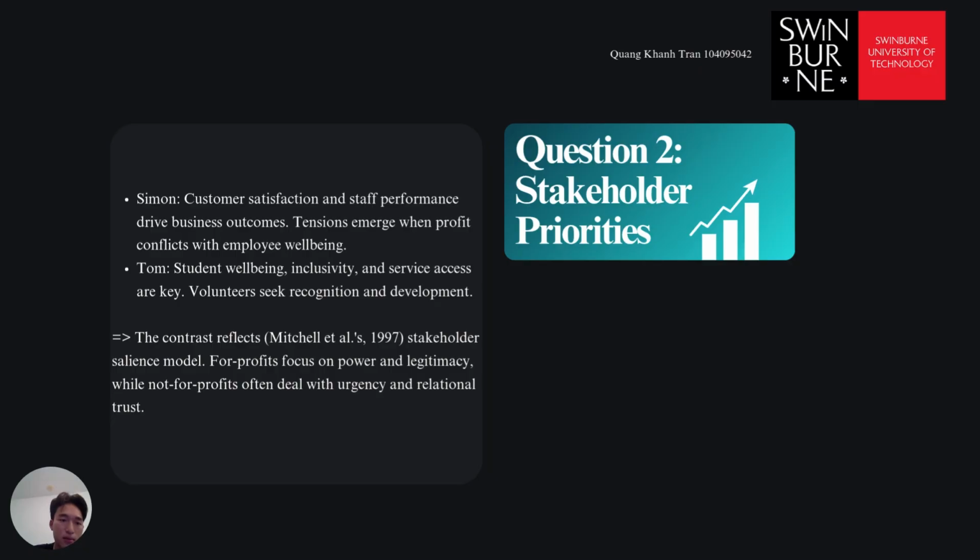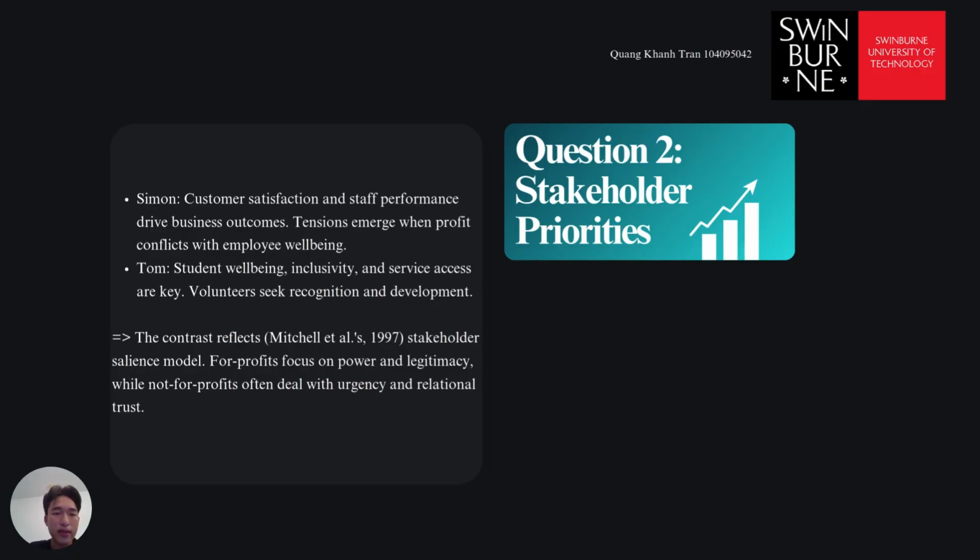And on the other hand, Tom explained that students want inclusivity, support, and events that matter to them, while volunteers want personal growth and university partners expect alignment with policy. These priorities sometimes clash when resources are limited.